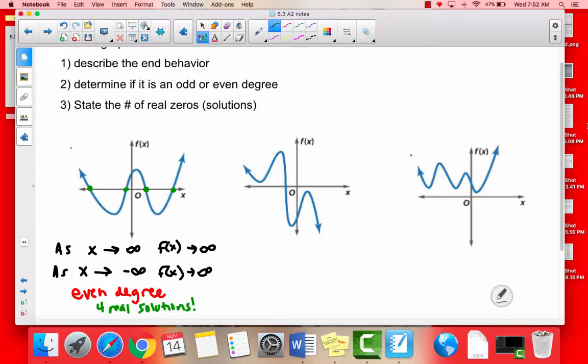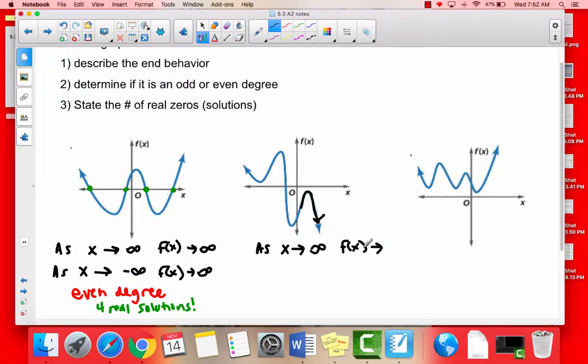And then we're done. So let's try this one real quick, and then I want you guys to try the last one. So this one, if you notice, the end behaviors are going different directions, so here and here. So now we're going to have a little bit of a different answer for part 1. So in part 1, we could say as x approaches infinity, what happens to the y? Well, let's look. As I go to the right on my graph, following it towards the right, what happens?